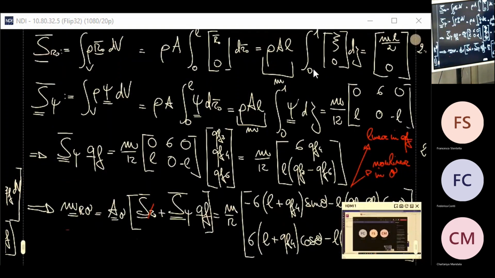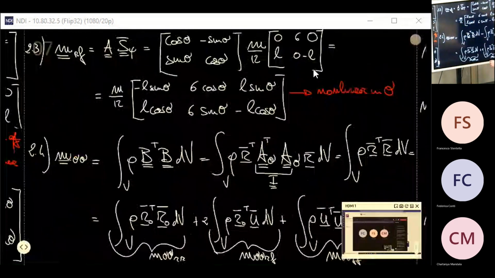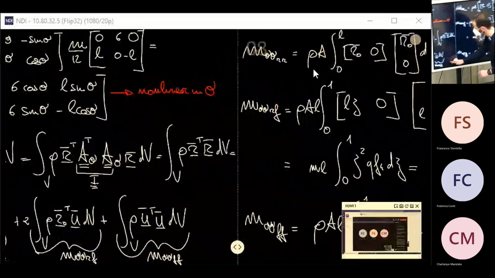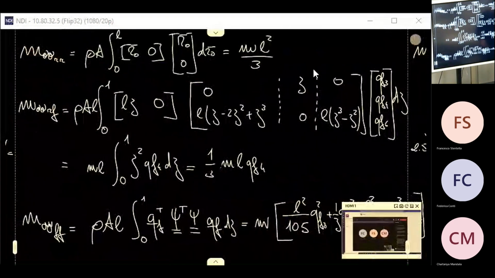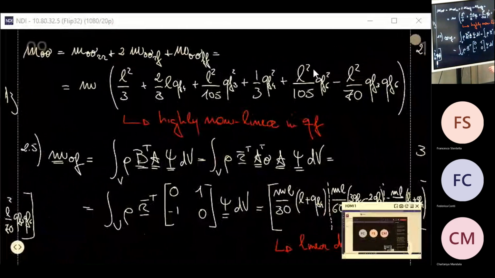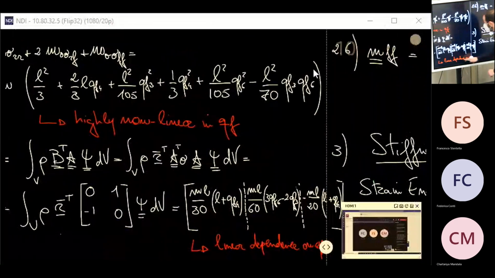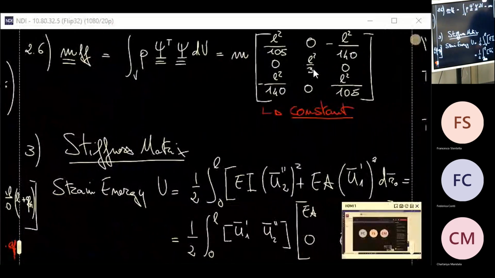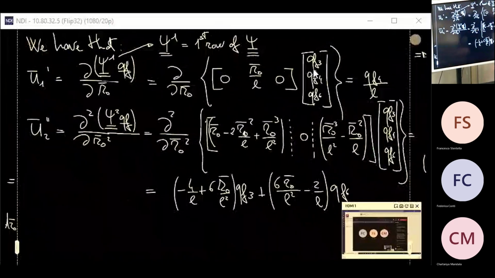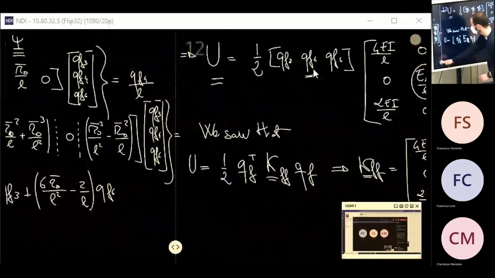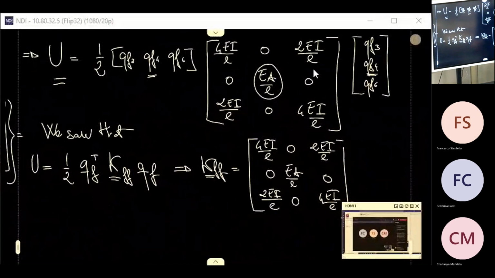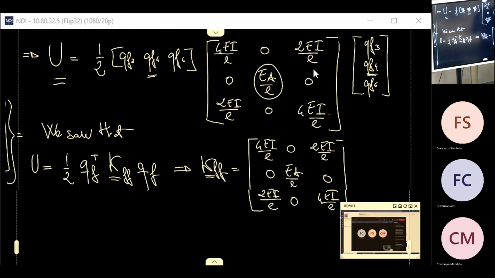And the same goes for the other two coordinates, Q3 and Q6, which were transverse displacement coordinates, and which were associated instead to the bending rigidity.